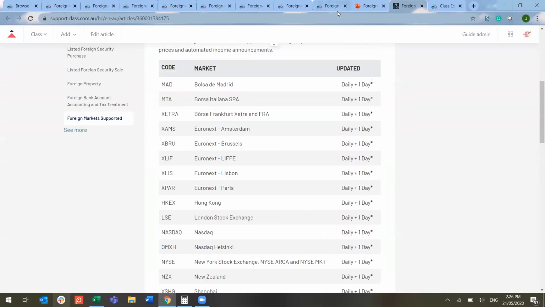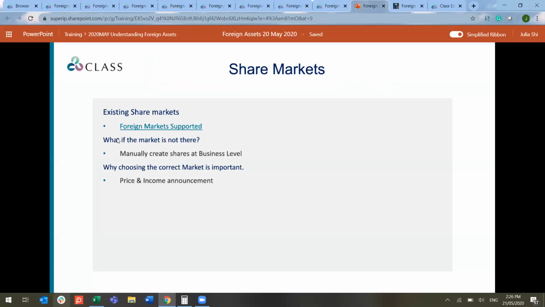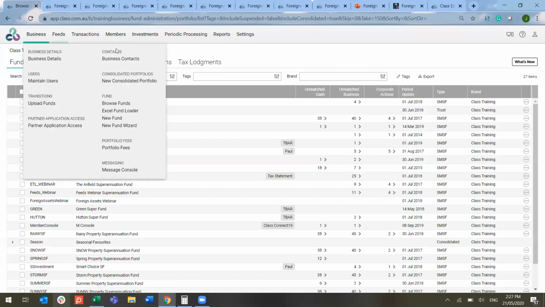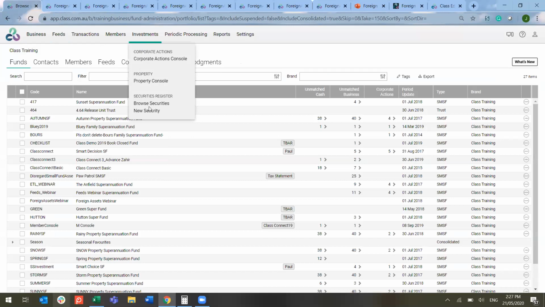The more, the better. Sometimes you find the market is not there and it's not really supported yet. Then you need to manually add these particular investments at the business level, just like when you have to add a private company or unlisted trust. In Class, go into investments and click on new securities.